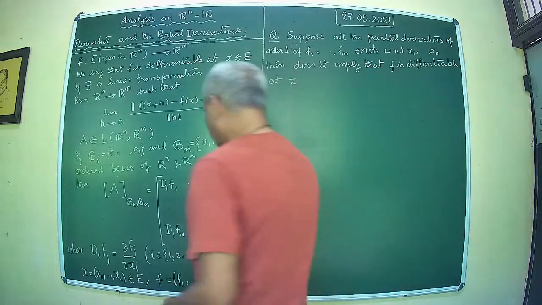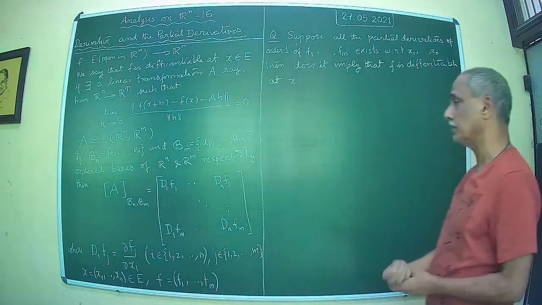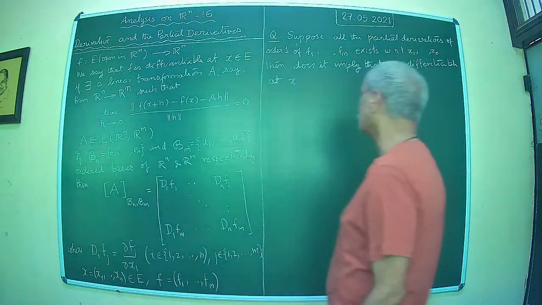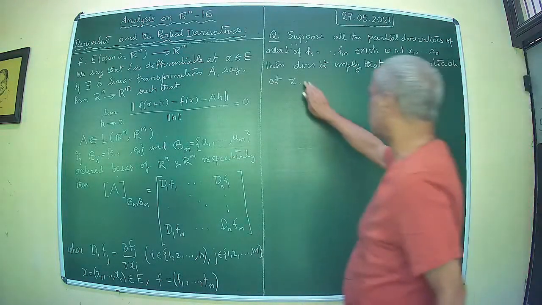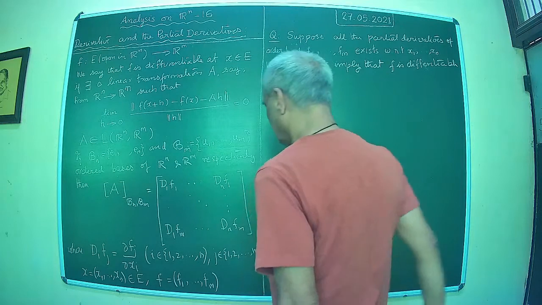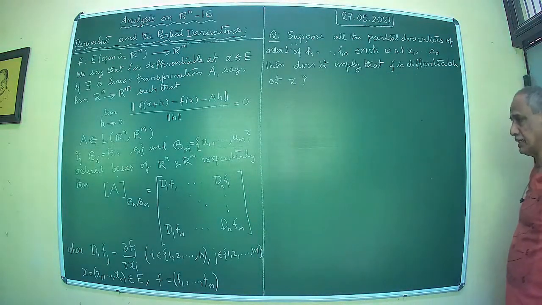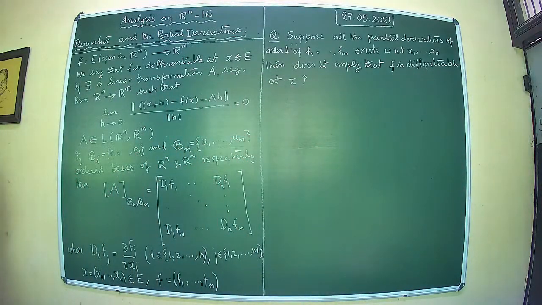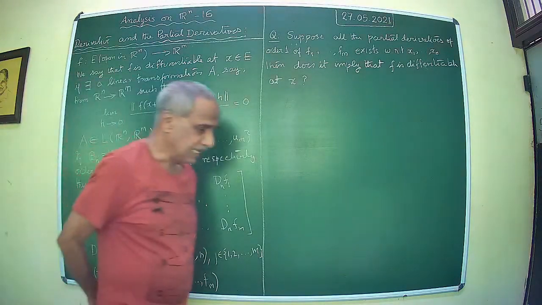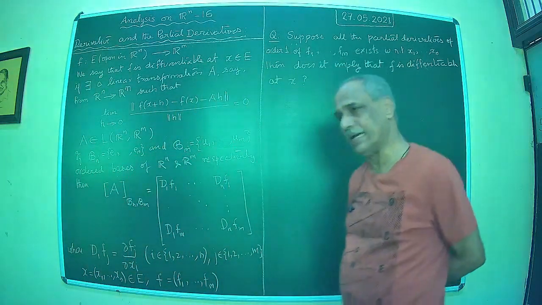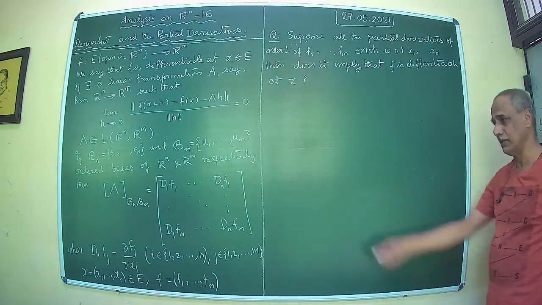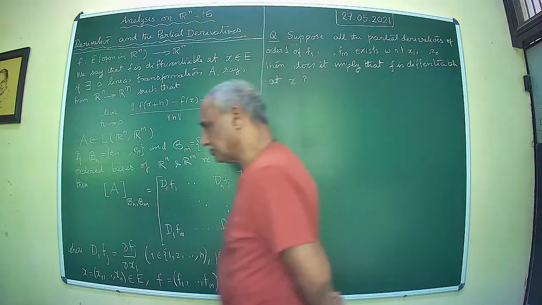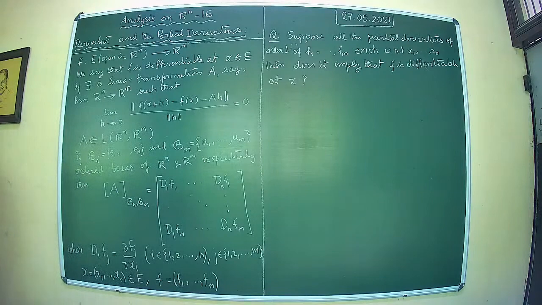These are the real valued component functions of the vector valued function f. X is of course the vector in E, right? So x1, x2, etc. So this is the question that you ask. So is the knowledge of the partial derivatives good enough to compute the derivative of the function? Because we know that if it is differentiable, then it can be done. That's what we have proved. But suppose you know that all these partial derivatives exist at a point x. Does it mean that the function is differentiable?